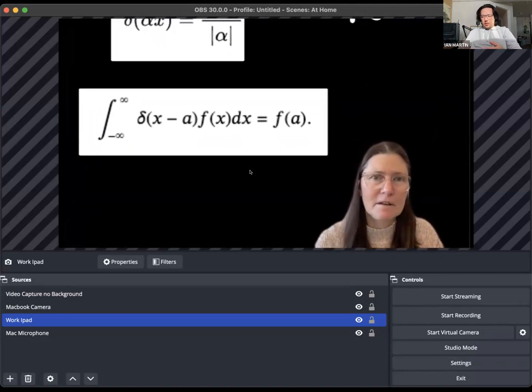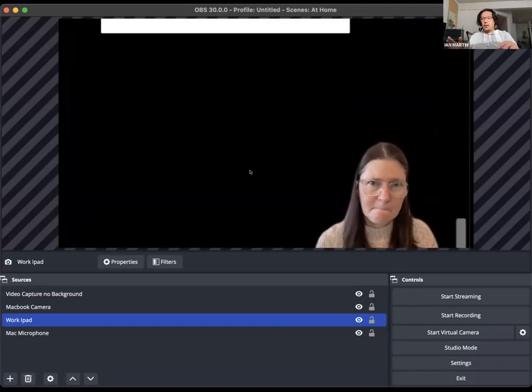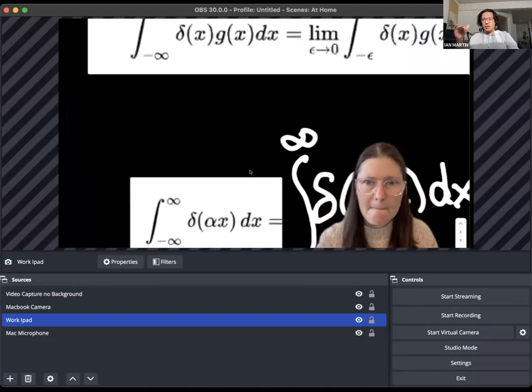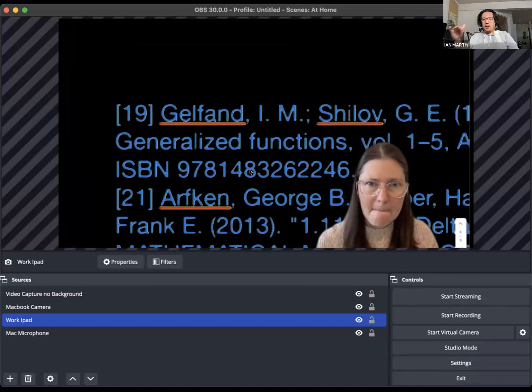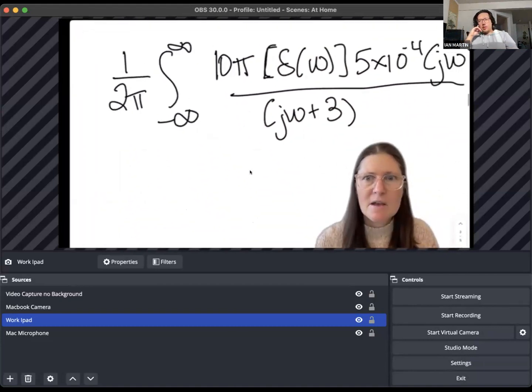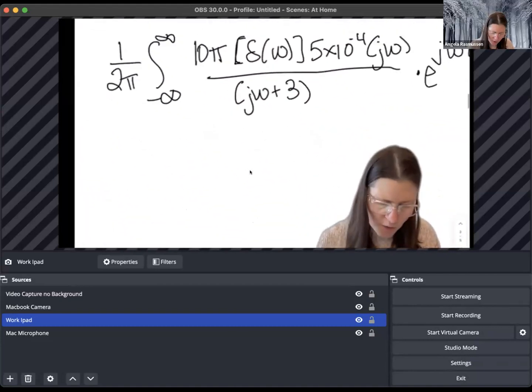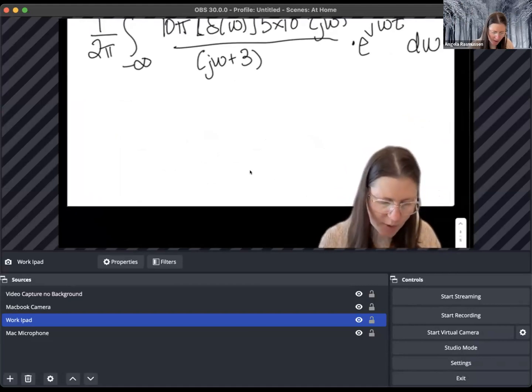I'm just using memory here, so it's probably not perfect, but in that 10 something cosine example, would that f of x then be that cosine, and this will be cosine evaluated at 0? That's right.